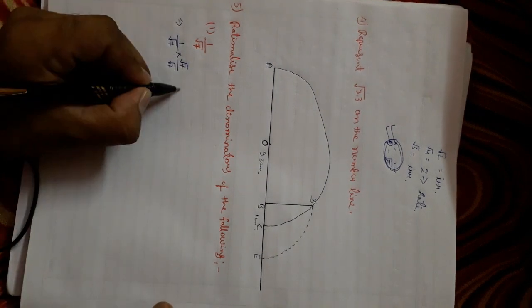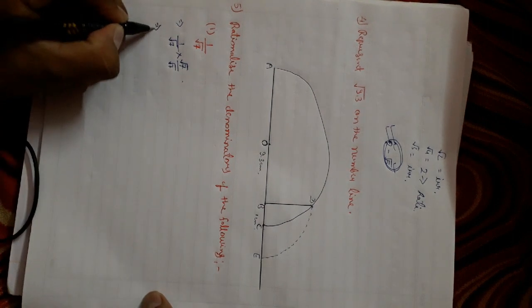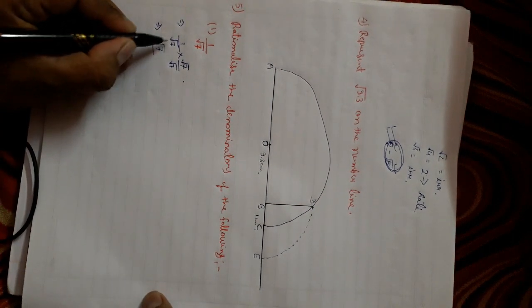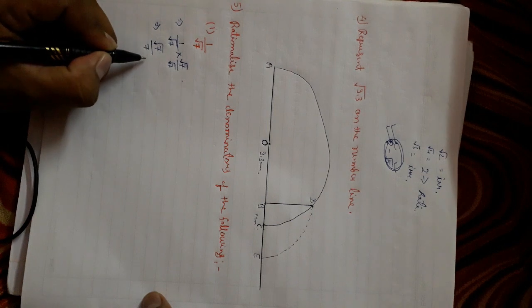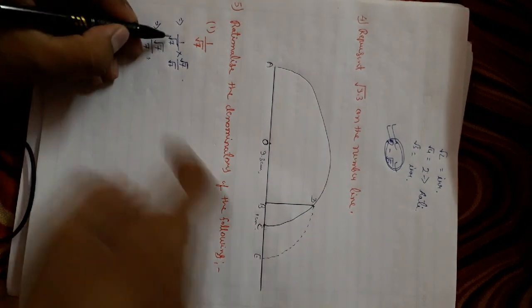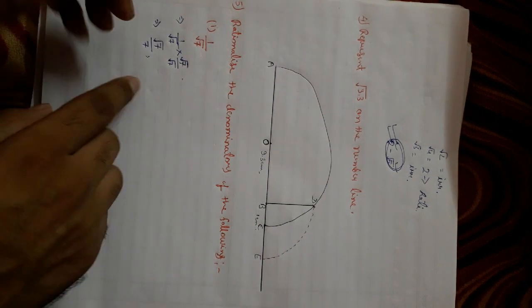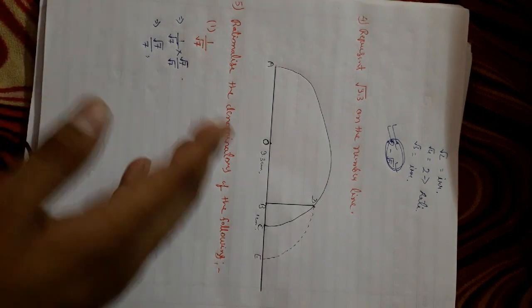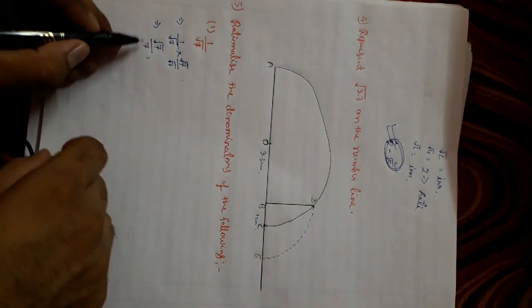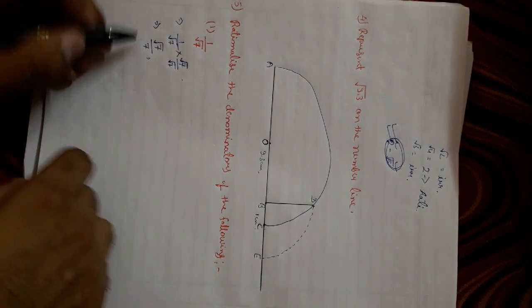So root 7 into 1 becomes what? Root 7, and root 7 into root 7 becomes 7. When we multiply two similar numbers with square root, the square root will be cancelled, and we'll have only a whole number.